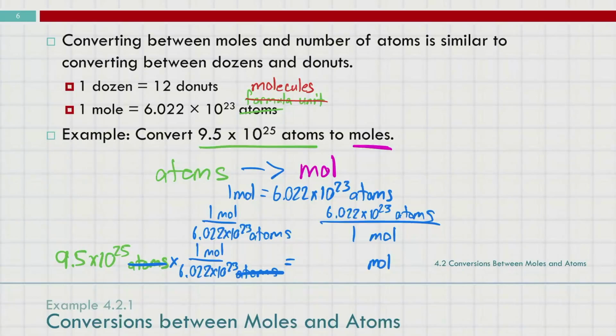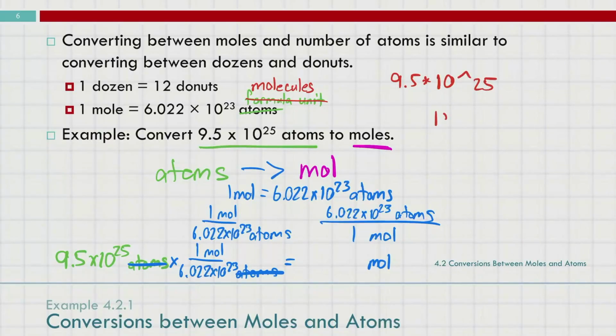There's a couple of ways that you can put this into your calculator. One of the ways would be 9.5. Hit the times button. Should give you like this little asterisk, I think. Yeah. Times, and then you might have a key for 10 raised to the power of something. So it might look like 10 raised to the power of 25.